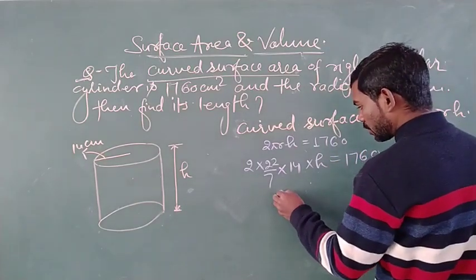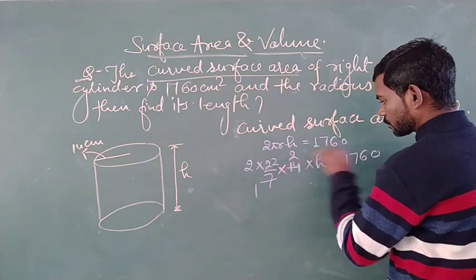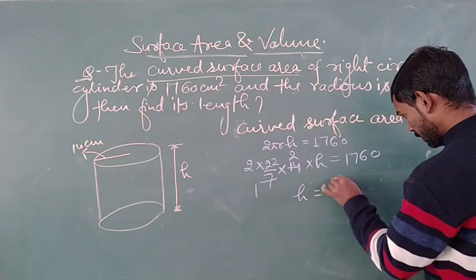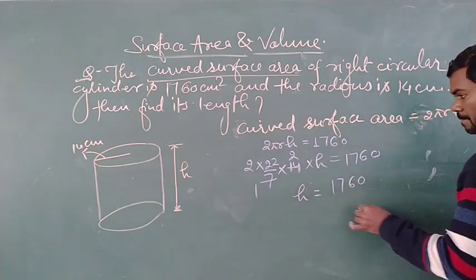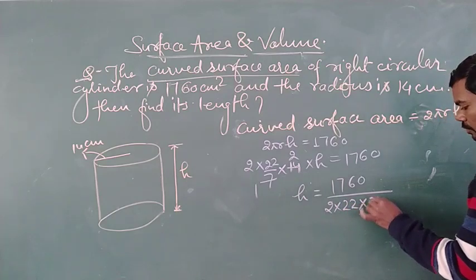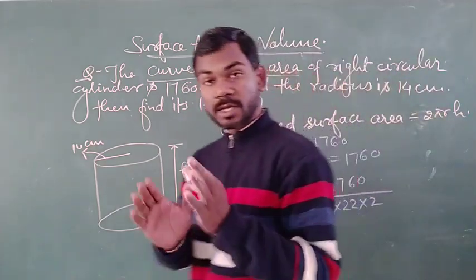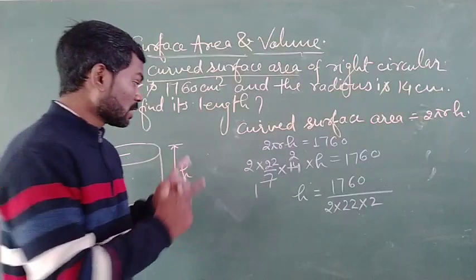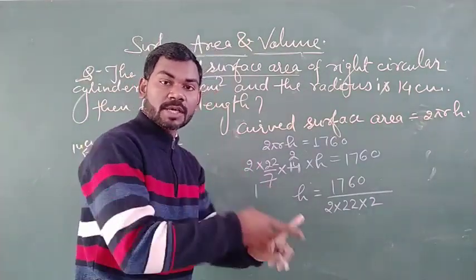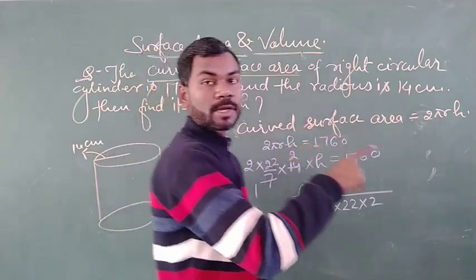Now 7 into 7 cancels, and 7 into 14 gives 2, so we get h equal to 1760 divided by 2 into 22 into 2. Since the remaining quantities on the left side are multiplied, when we transfer them to the right side they become divided.